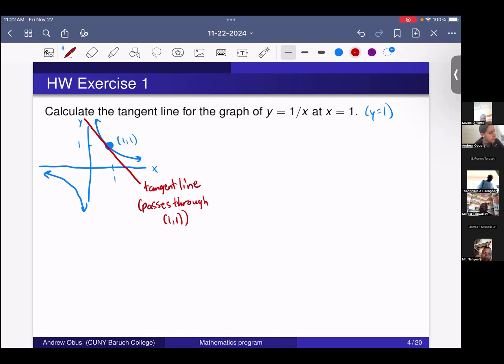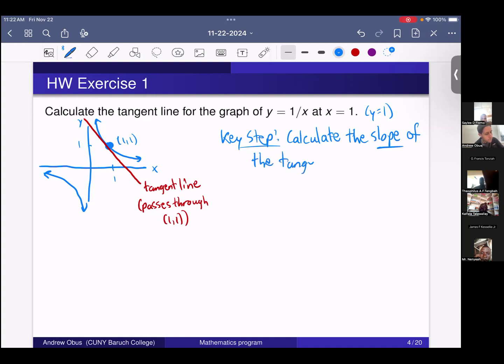And so we need to calculate the tangent line, but the key step, which we saw last time, is to calculate the slope of the tangent line. So this is our key step.